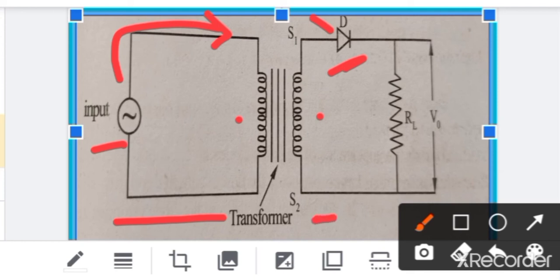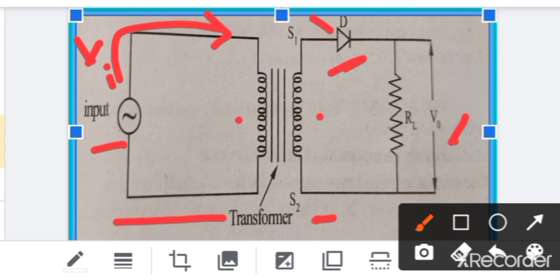Why are we using a load resistance? Across the load resistance we will determine the output voltage VO, and the input voltage is VI. VO is taken from RL, the load resistance.